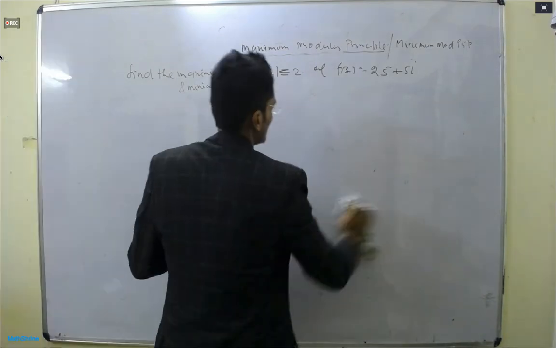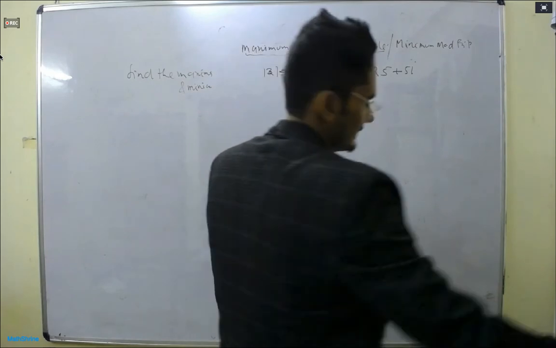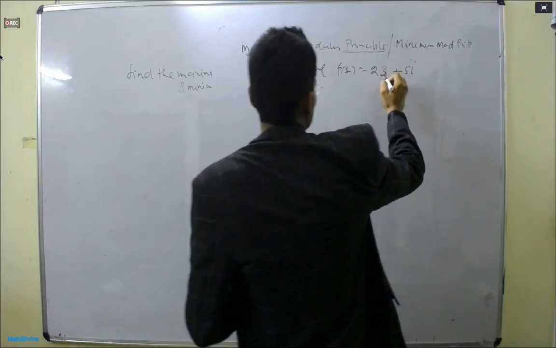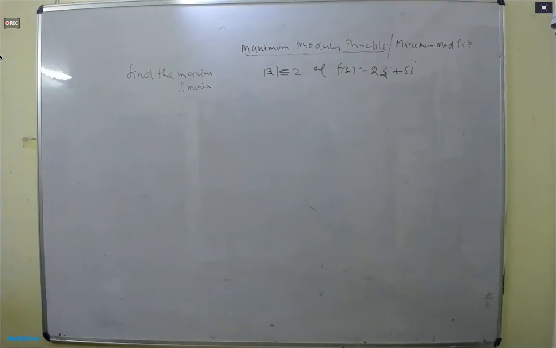Anyway, so we can write mod z is equal to 2. This means z into z bar is equal to 4, right? We know that this function can attain the maxima on its boundary. So what to do? Just take this boundary, take this number. So instead of taking z, just take this whole function.